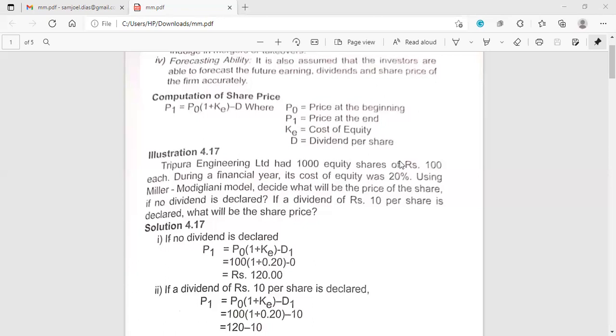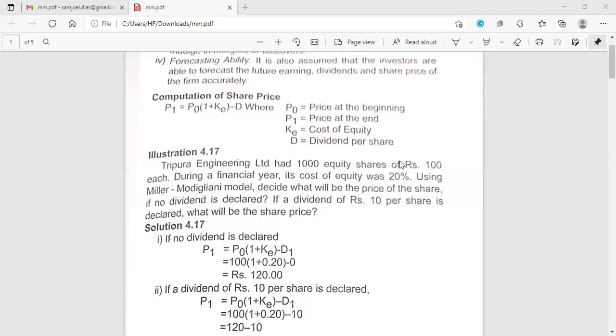The second feature of a perfect capital market is that price sensitive information is available to all the investors. That means the information which leads to price movement, maybe upwards or downwards, is easily available to all the investors. The third feature of a perfect capital market is that securities are infinitely divisible.